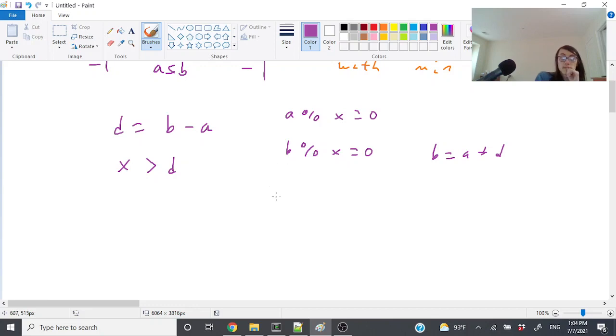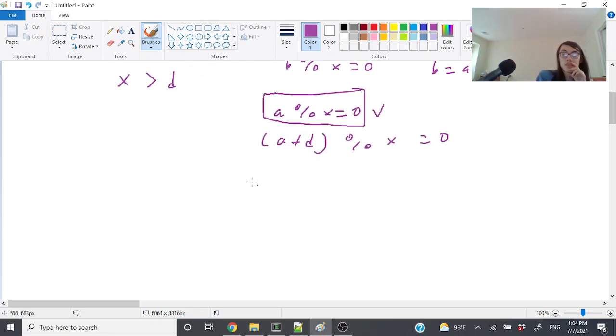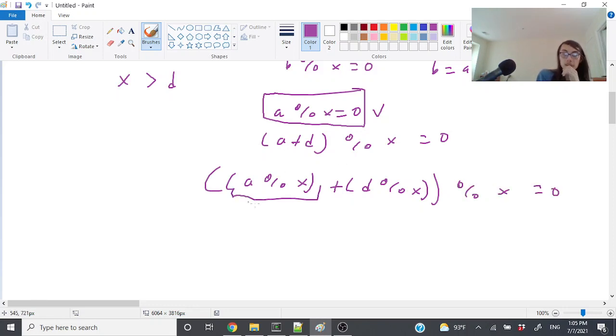So a mod x is equal to 0, and a plus d mod x is equal to 0. Now suppose a mod x is equal to 0. Then what about a plus d mod x? We can use modular arithmetic rules to say it's a mod x plus d mod x, all mod x, which is equal to 0. But we just said a mod x is 0. So really we're just left with d mod x is equal to 0.